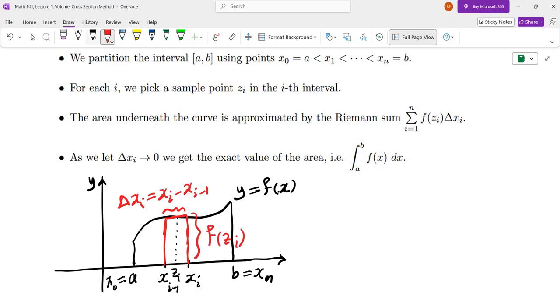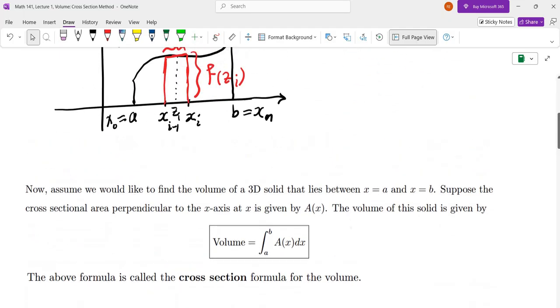So we take base times height, so we get f of zi, which is the height, times the base, which is delta xi, and we take the sum. That would be an approximation for the area underneath the graph. Then we allow delta xi to approach 0, and that would give us the value of the area underneath the graph of the function y equals f of x from x equals a to x equals b.